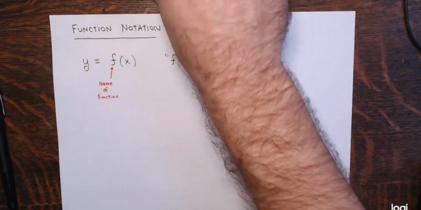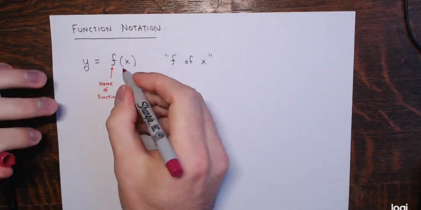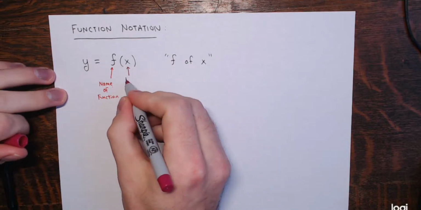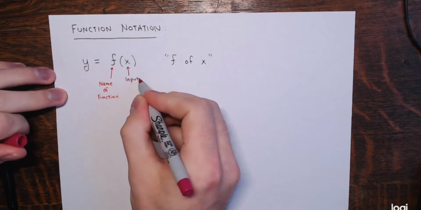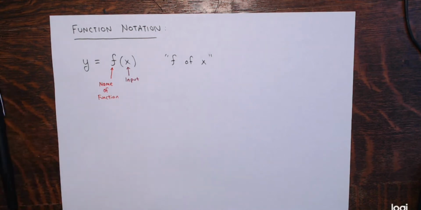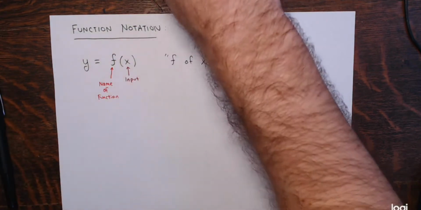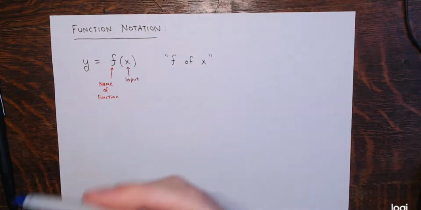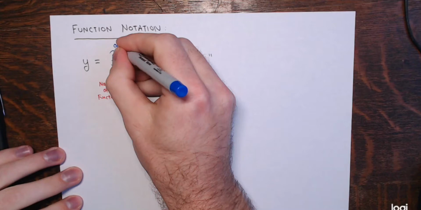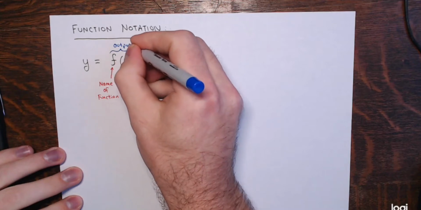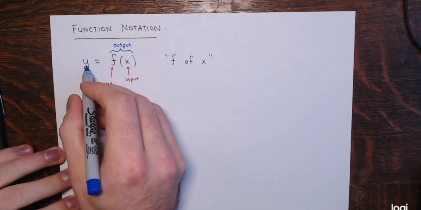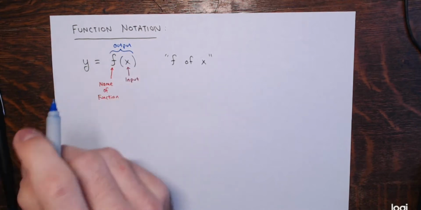Inside the parentheses is the input variable, or just the input value. And the whole thing in its entirety, f of x, is the output. That is why they usually have it equal to y, because remember, most times the output value was a y value.